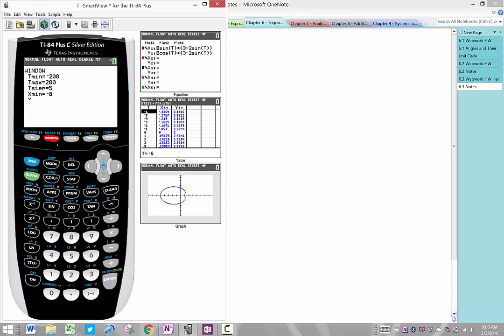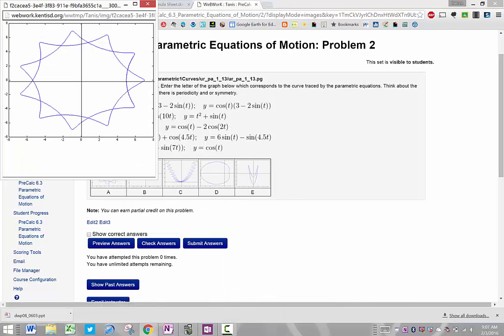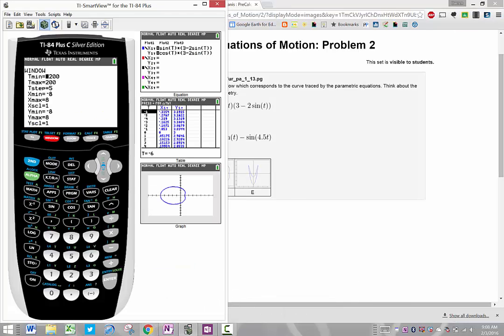Now when you go to graph this, you're going to have to change your window first. So I went from -200 to 200 for my t values. And I changed my t step to 5 because you don't want this too small, otherwise it's going to graph too many points, and it's going to take the calculator too long to figure out all these points. And then I went from -8 to 8 for both x and y, because that's the window that I saw from the graph on Webwork. Right here, for example, you'll notice it goes from -8 to 8.